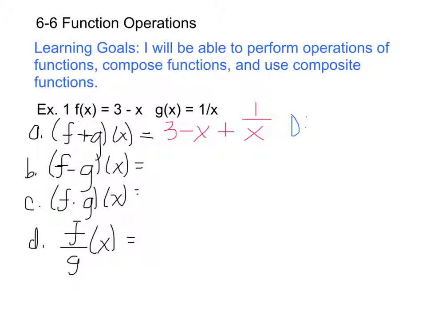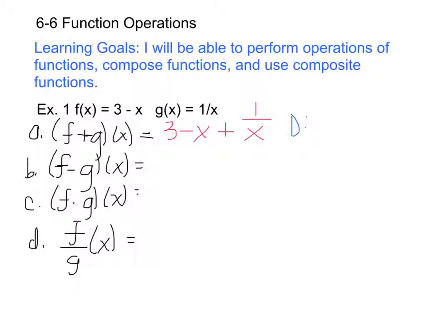So your domain would be all real numbers, except if anything, I call it breaks a rule. And since we have an x in the denominator and we can't divide by 0, and the only number that would make the denominator 0 is 0 itself, it would be all real numbers except for 0.